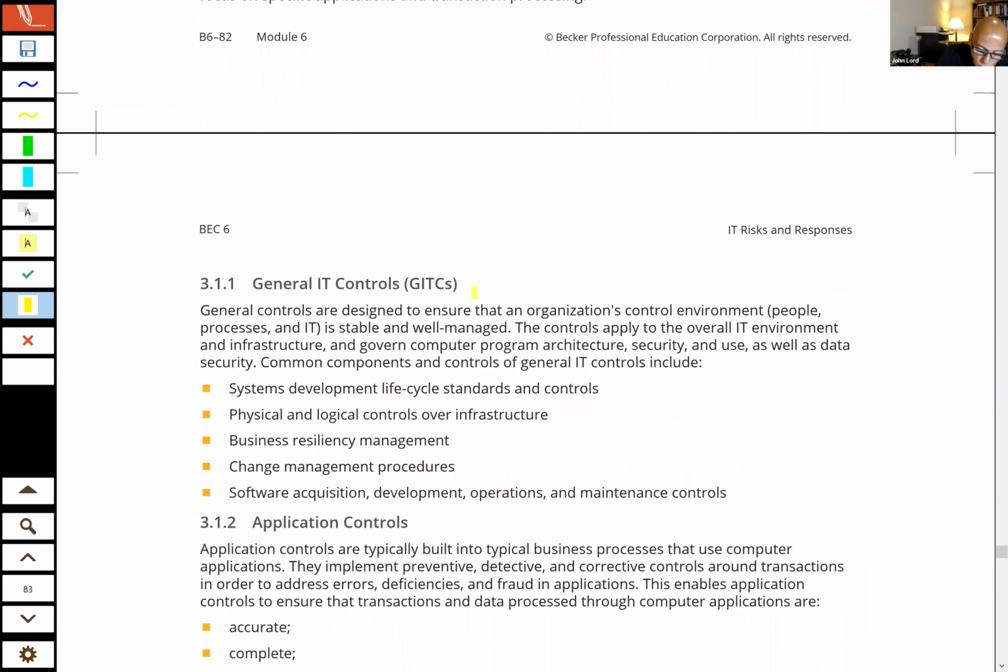So we have two broad categories here, maybe four categories, but the two broad categories really are general controls and application controls. Okay, now general controls are basically overall controls for our IT system.